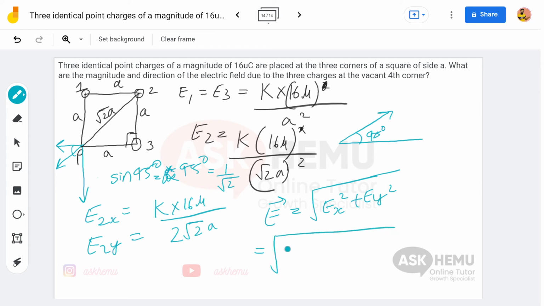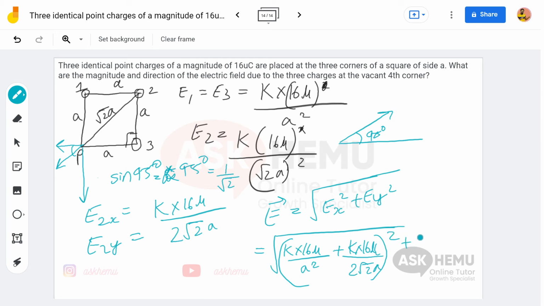It is the square root of: k into 16 microcoulomb by a squared, which is the value of E1, plus the only x component that I can add with it, k into 16 microcoulomb divided by 2 root 2 a squared. Remember, the x components are in the same direction, so I can add them together and square them up, plus the same equation repeated on the y-axis.